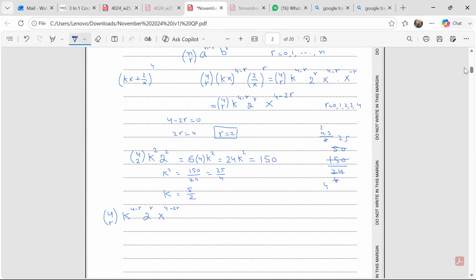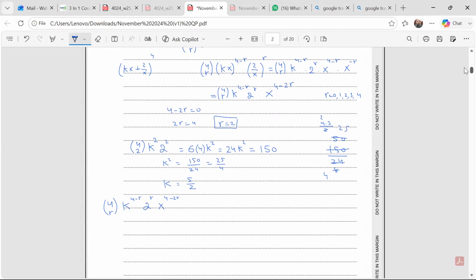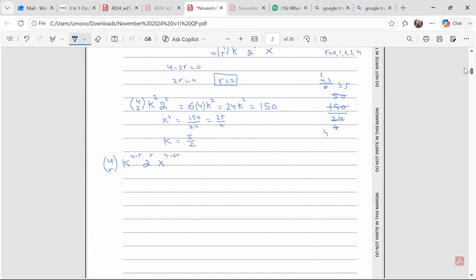What do we have to do now? We have to find the coefficient of x squared. So when x has power 2, 4 minus 2r has to be equal to 2, right? Which means 2r is equal to 4 minus 2, which is 2. So r has to be equal to 1. So when r is equal to 1, we will have the x squared term.